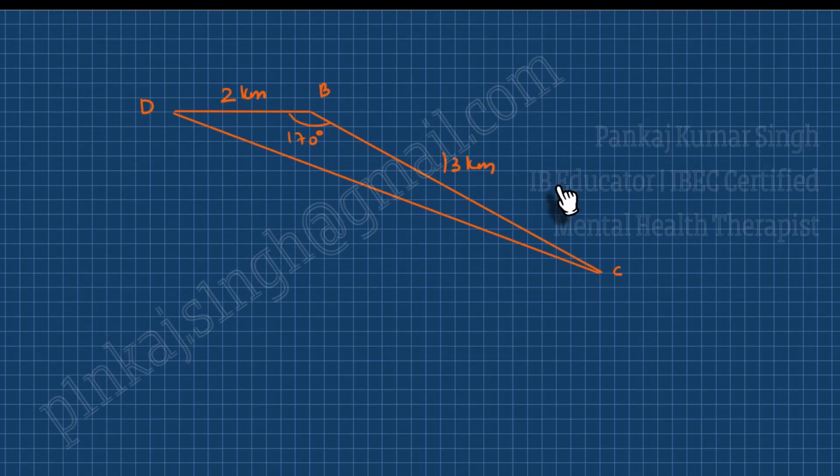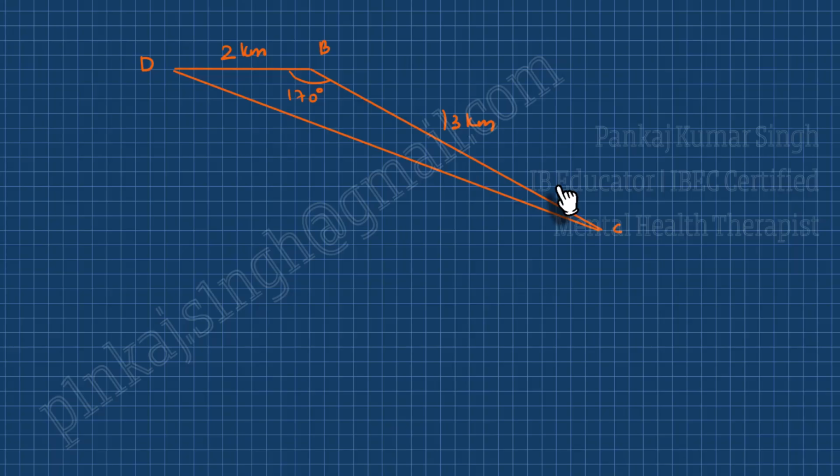So for us to find DC, we can use the cosine rule. And what do I know about the cosine rule? We know that DC square is going to be equal to DB square plus BC square minus 2 times DB into BC into cos of 170 degrees.